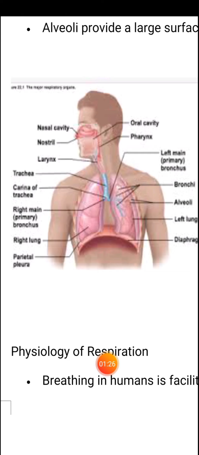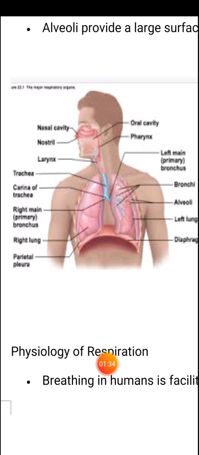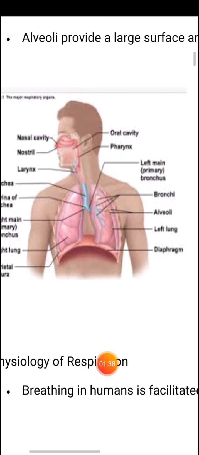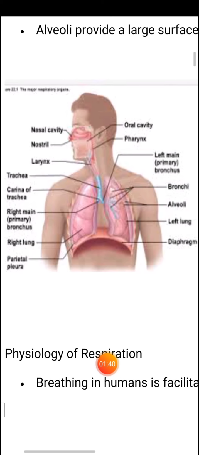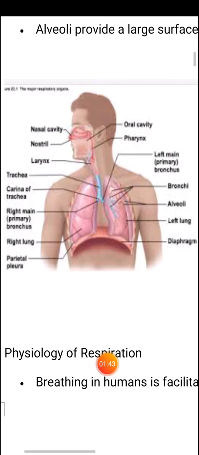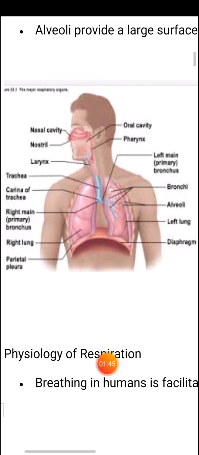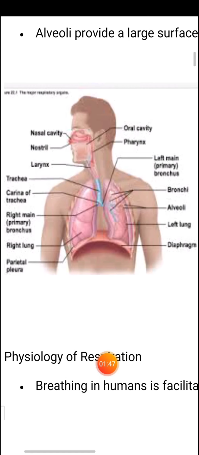In order to protect from that, our body has a structure known as the epiglottis. Whenever we are eating, the epiglottis will come and block the air passage so that the food will pass directly through the esophagus into the stomach.